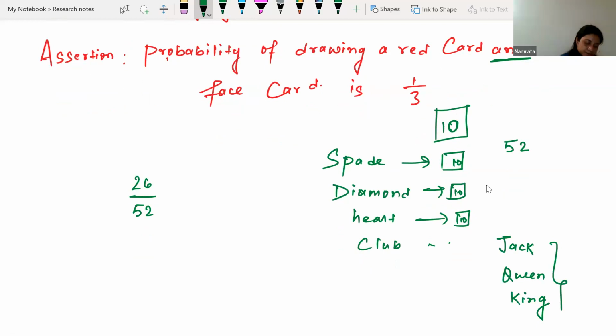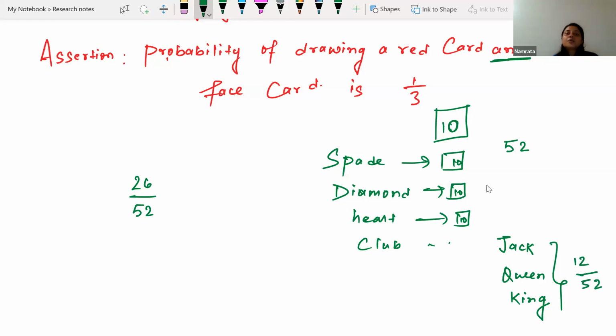So a total of 12 face cards are there. And how many total cards are there? 52.